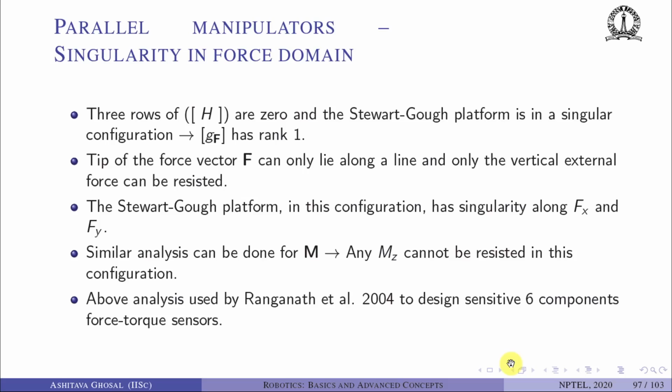Remember, it is divided by the determinant. Okay, so he showed that you can design very sensitive 6-component force torque sensors, and these sensors are basically Stewart platform based sensors which are very close to a singular configuration, not exactly a singular configuration.